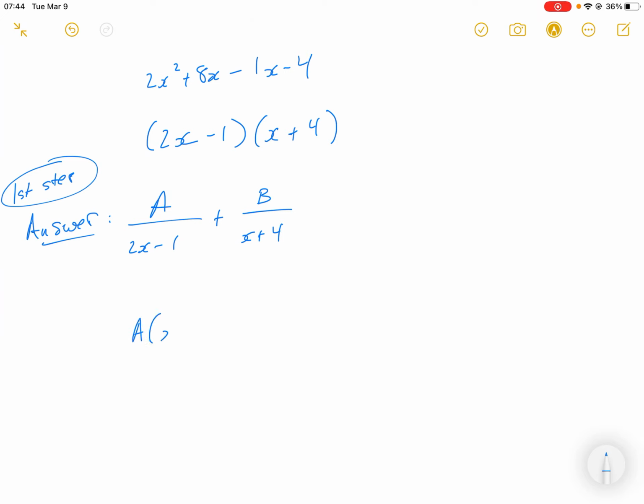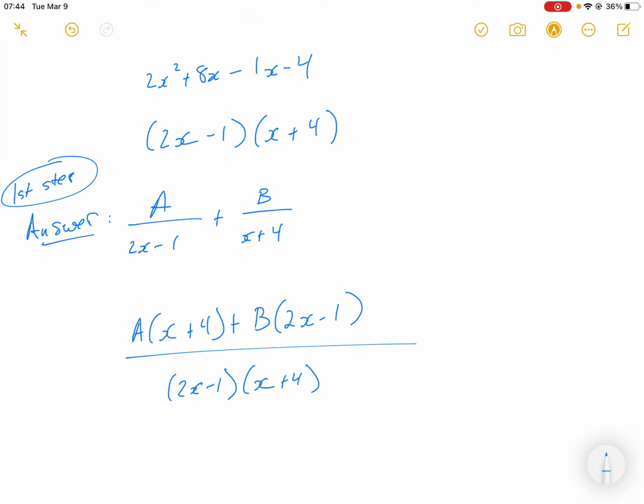Let's go ahead now and add these up. A times x plus 4 plus b times 2x minus 1. And then all of this has to equal 9 minus 9x over 2x minus 1 times x plus 4.